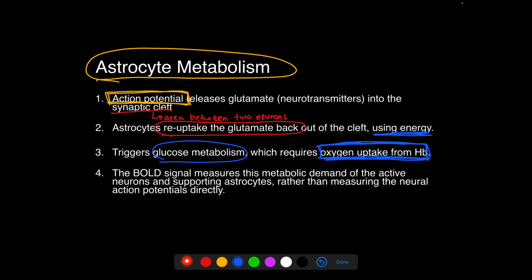And basically, it's this astrocyte function that is the basis of the BOLD signal. The BOLD signal measures this metabolic demand, so the use of glucose, of the active neurons and the supporting astrocytes. And importantly, something that we really need to understand is that it is not the direct action potential of the neurons that we're measuring. It is just the metabolic demand.